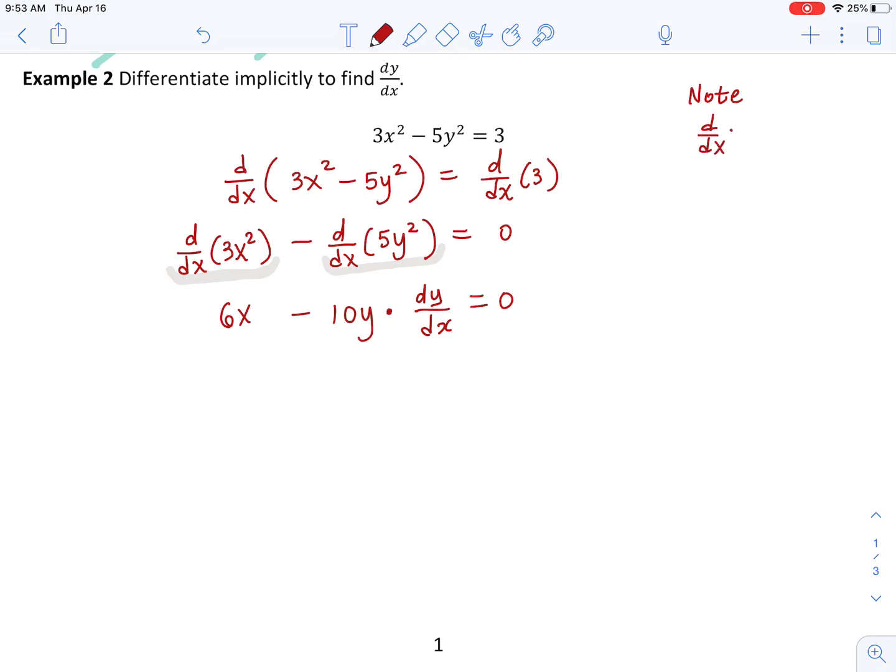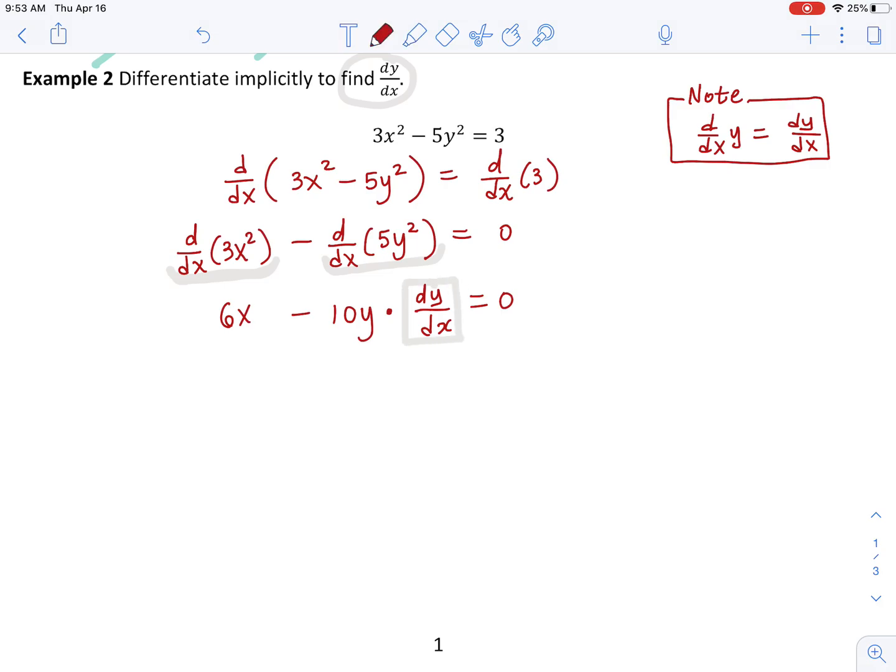So when you do the implicit differentiation, again, note derivative of y with respect to x is just dy/dx. Don't forget that. You're going to have to stick that somewhere because you realize, you're solving for dy/dx, so you're going to have to write that down somewhere.